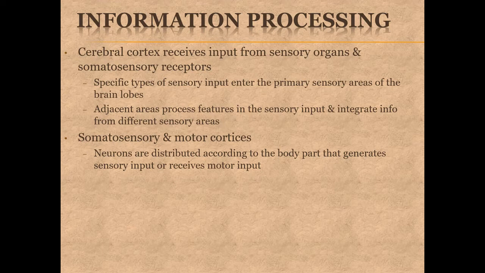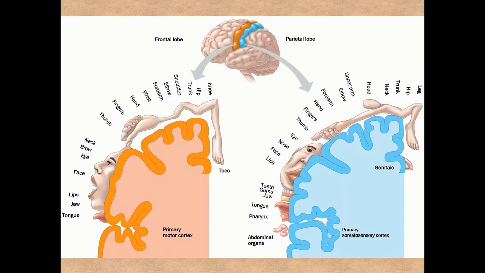In the somatosensory and motor cortexes, neurons are distributed according to the body part that generates the sensory input or receives motor input. So both the frontal lobe and the parietal lobe have two cortexes, as we've said, that separate them.